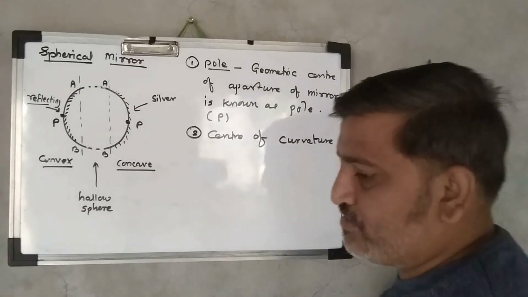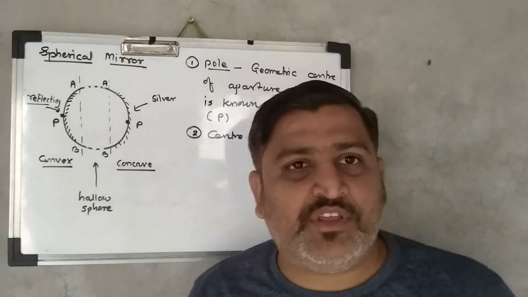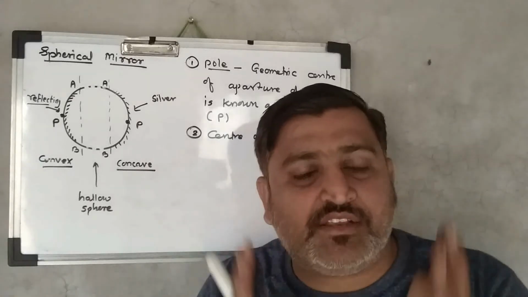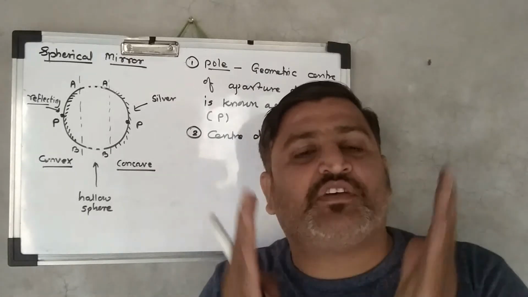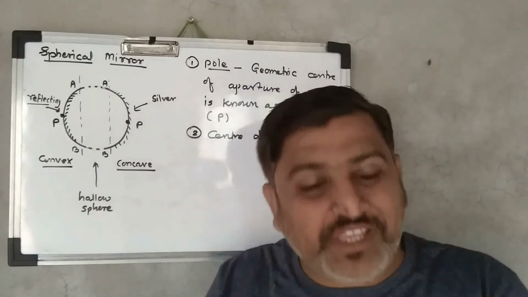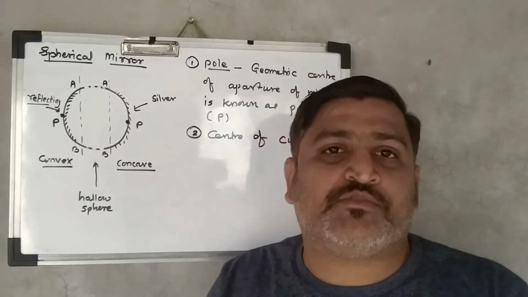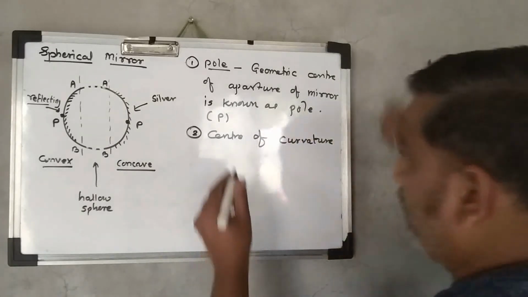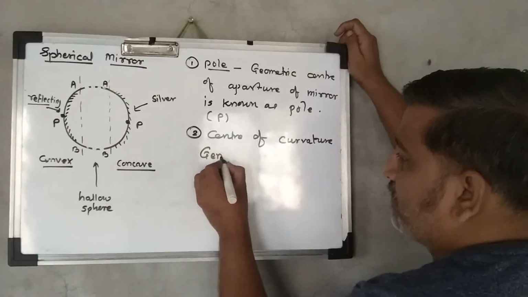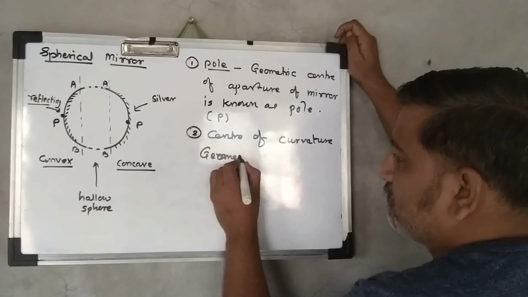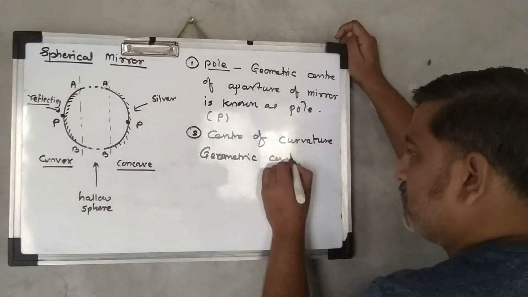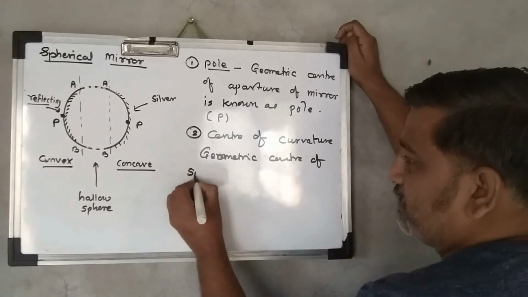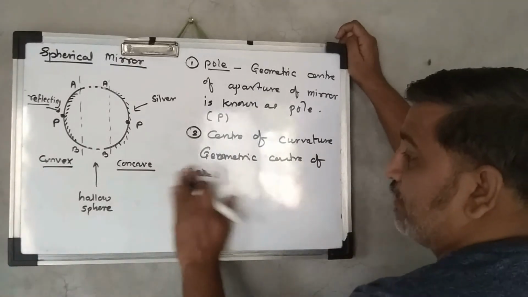Now what is this center of curvature? Center of curvature means it is the geometric center of the circle or a sphere. It is the geometric center of the sphere of which the mirror is a part.